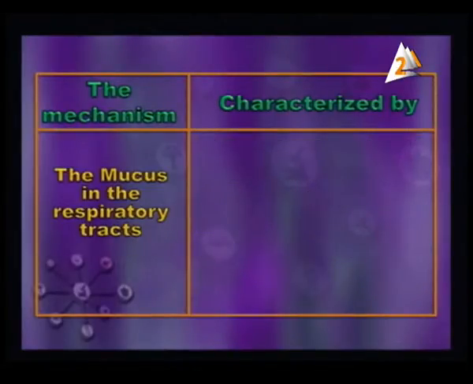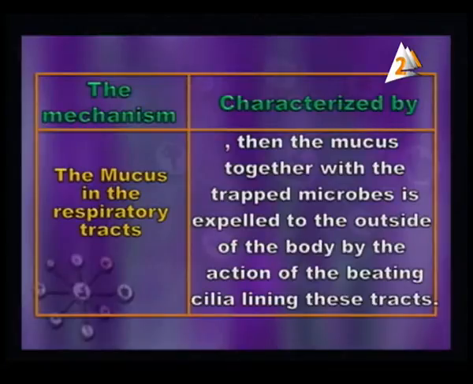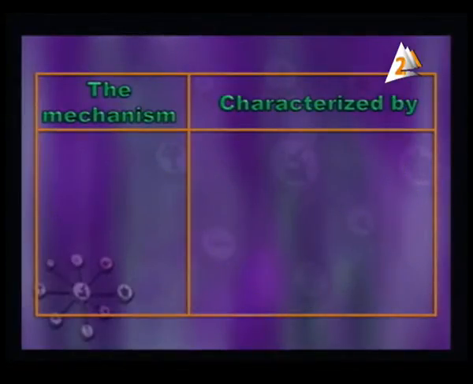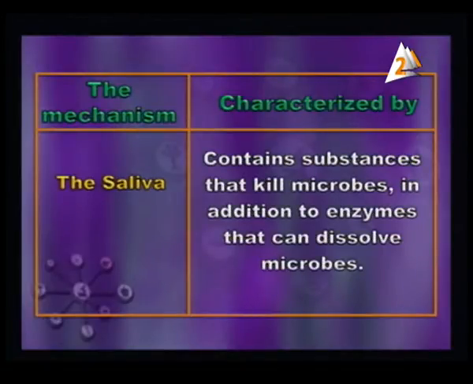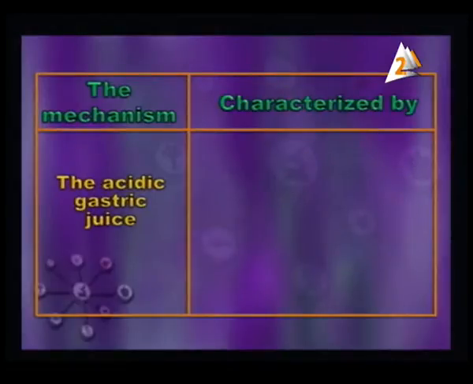Then the mucus, together with the trapped microbes, is expelled to the outside of the body by the action of the beating cilia lining these tracts. Another one is the saliva, which contains a substance that kills microbes, in addition to enzymes that can dissolve microbes.